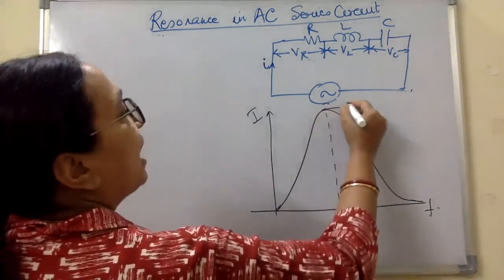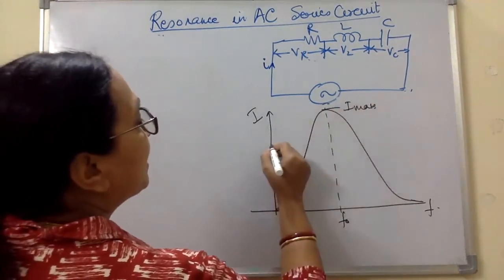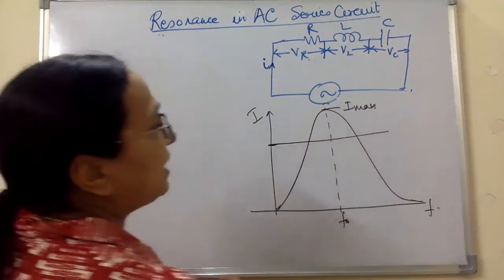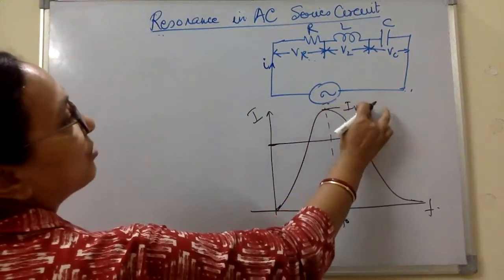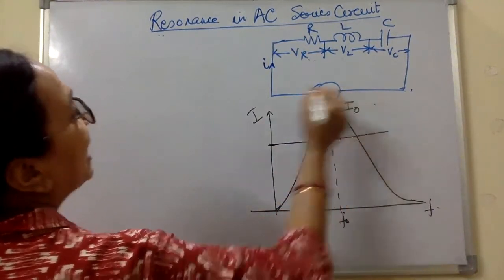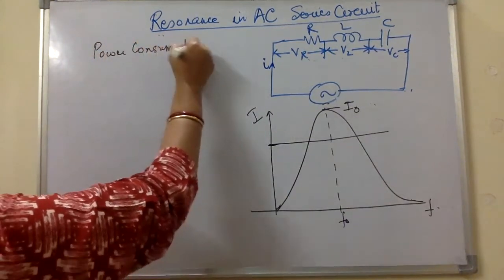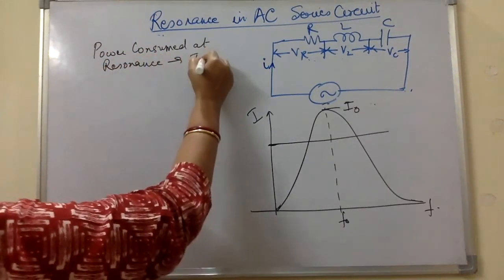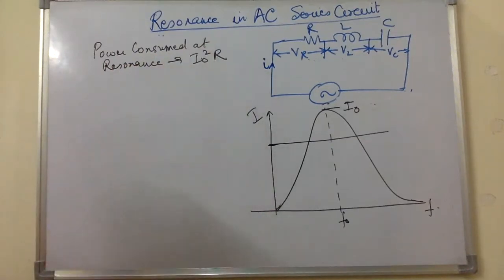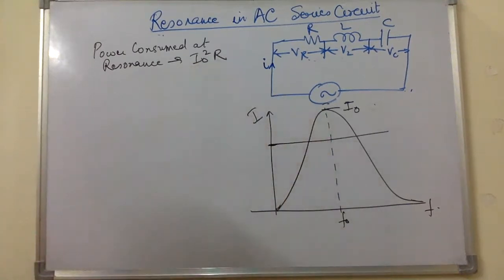If this is your I max, then there will be a point where the power will be half the given value at the resonance, because if the current is maximum over here, suppose I represent this current as I0, therefore the power consumed at resonance can be given as I0 square into R, because power consumed is I square R, the current is I0, hence the power consumed at resonance will be I0 square R.